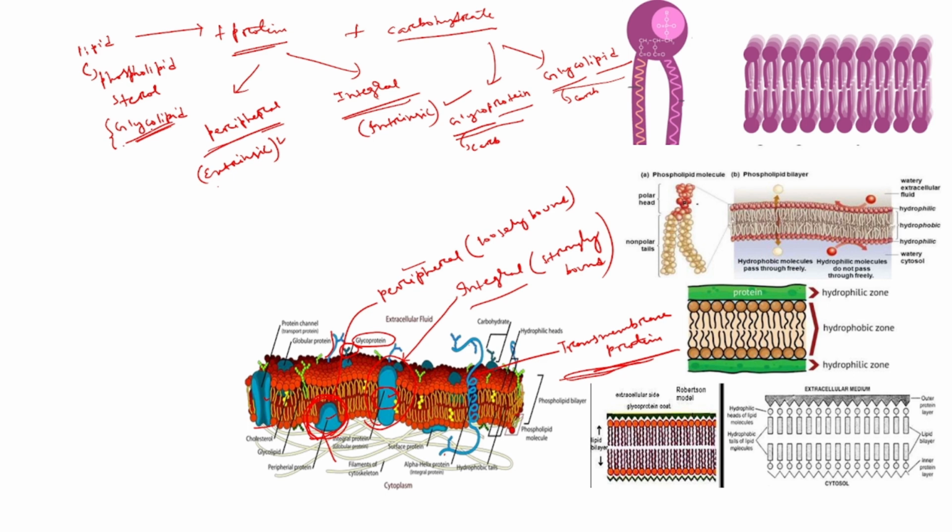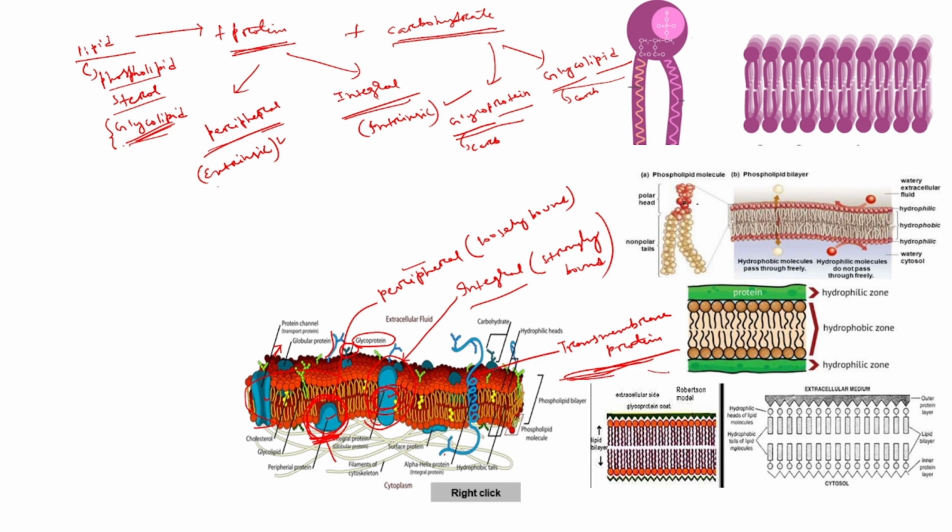So in summary, in the plasma membrane, lipid plus protein plus carbohydrate are present. Among the lipids, there are the phospholipid and the sterol. Another is the glycolipid, which is present at the outer side, bound with carbohydrate. Another is the protein, of which there are three types. One is the peripheral protein, present at the periphery. Another is the integral, buried in the integral part of the plasma membrane.